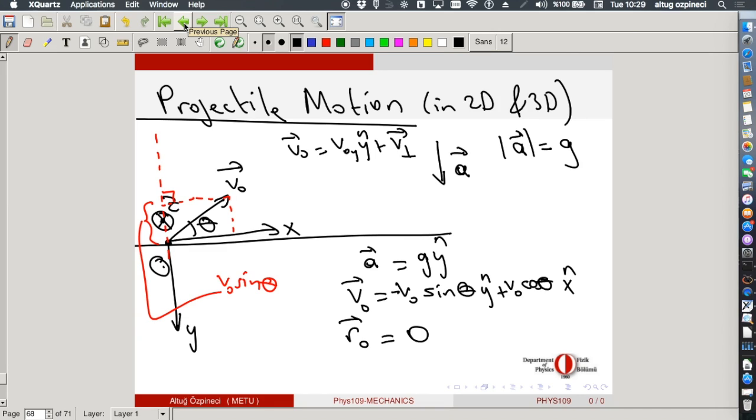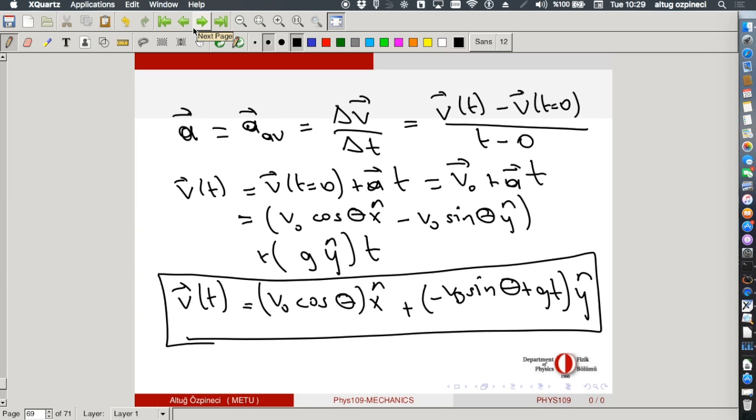This is our experimental observation, that the acceleration of an object moving close to the surface of the Earth is almost constant, and has the value 9.8 meters per second squared. Here again are our definitions: the definition of the average acceleration, the definition of the velocity, and hence we obtain this velocity.